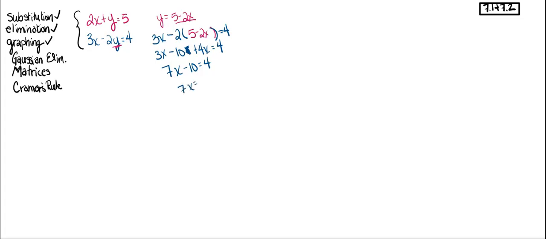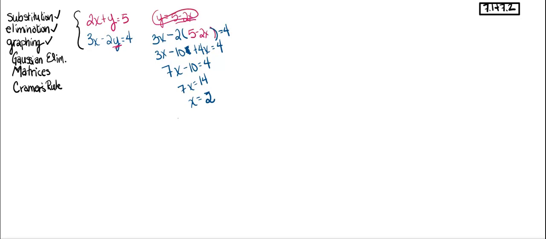Now, of course, y'all are to the point where you do not have to show every step. You can do a lot of this in your head. So we get x equals 2. So once I've solved for x equals 2, I can substitute it back into any one of the equations. But since I've already solved for y, I'm going to substitute it back into this one right here.